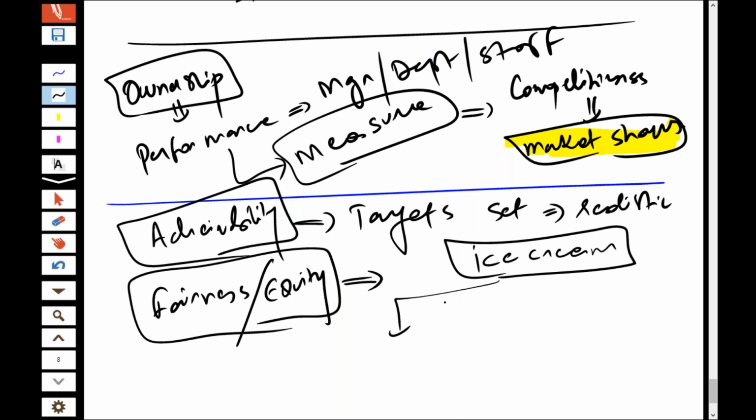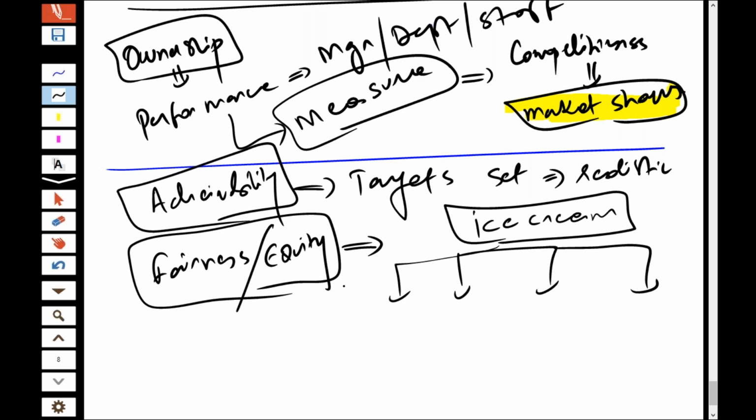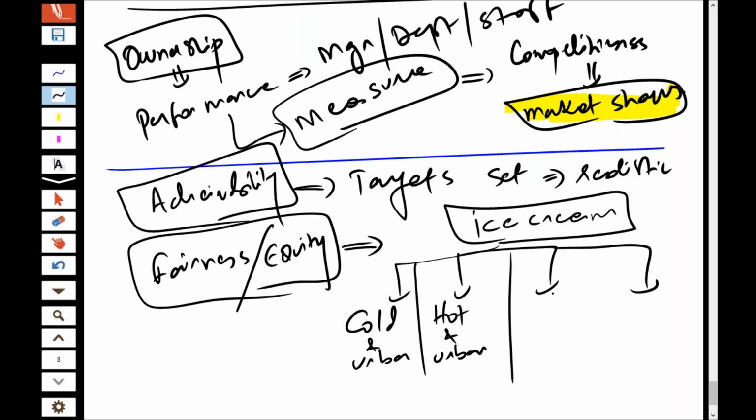You have got regions within your country, and those regions could be categorized into 4 categories. One of them is a cold and urban region, this is hot and urban, this is a rural area which is cold, and this is a rural area which is hot.